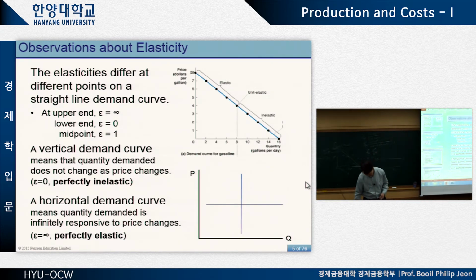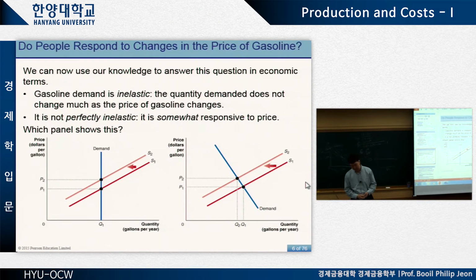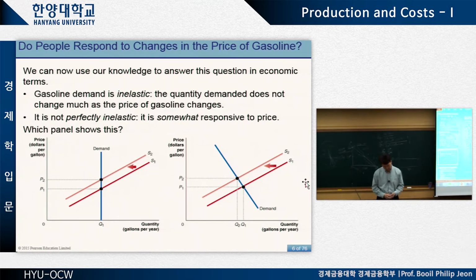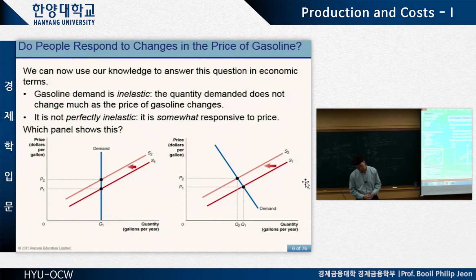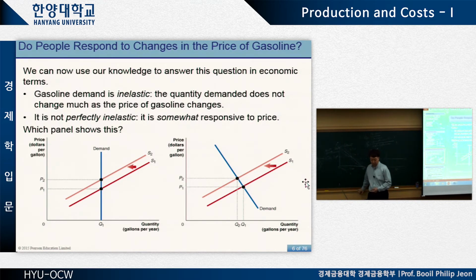This is just an example of inelastic demand. I guess somewhere in the chapter they asked the question: the gasoline demand is very inelastic. So what's going to happen to the quantity demanded for gasoline if supply shifts to the left? In other words, if the supply decreases, what's going to happen to the quantity demanded for gasoline?